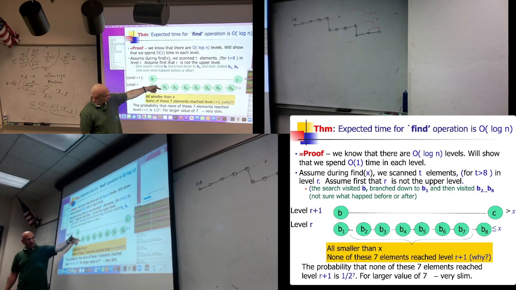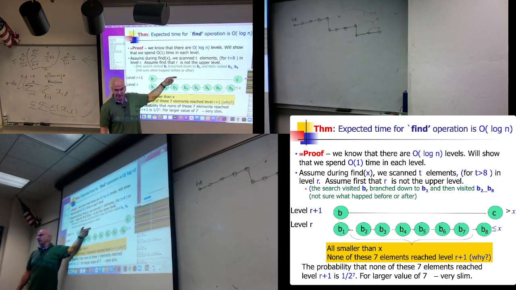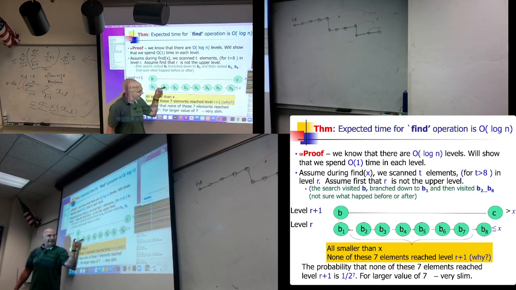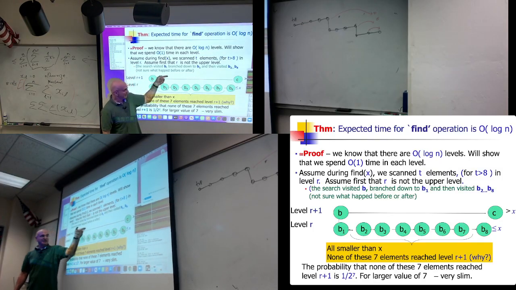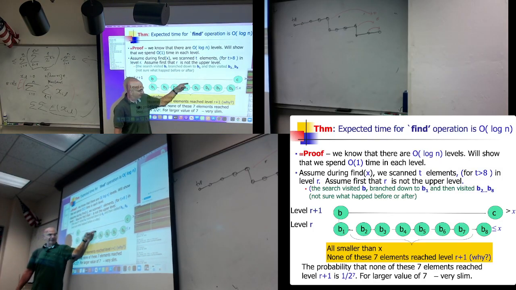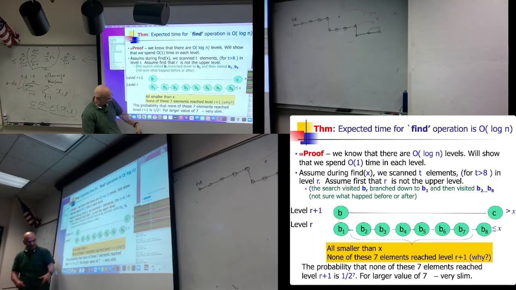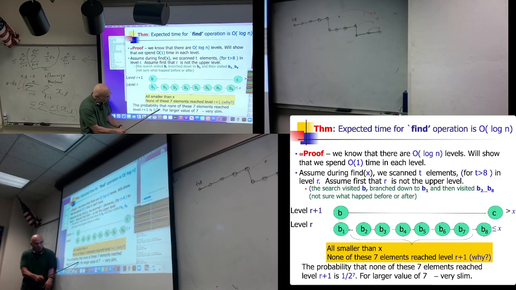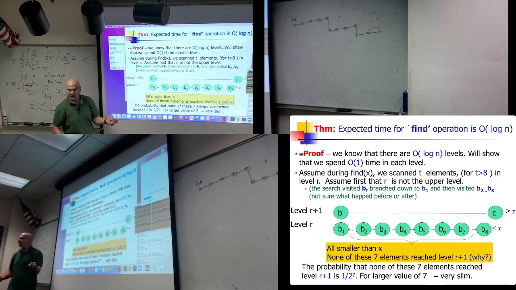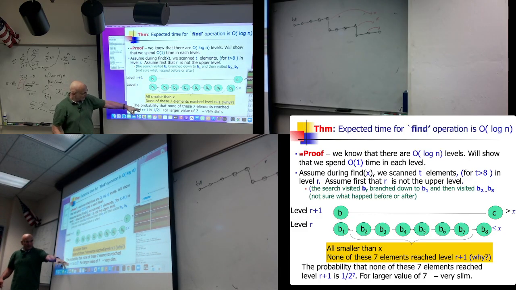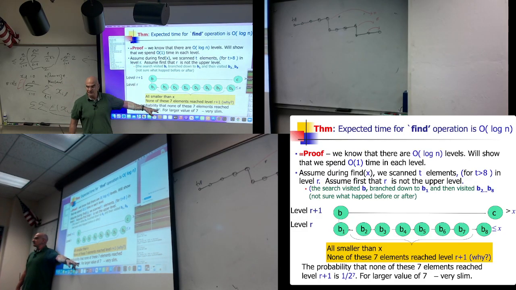Each one of them did not make it to the next level with probability half. The probability that neither of them makes it to the next level is half times half times half times half. They all have their chance. So it's 1/2 to the number of elements that you're asking. So that tells you the probability that you will spend 8 elements in one of the levels.